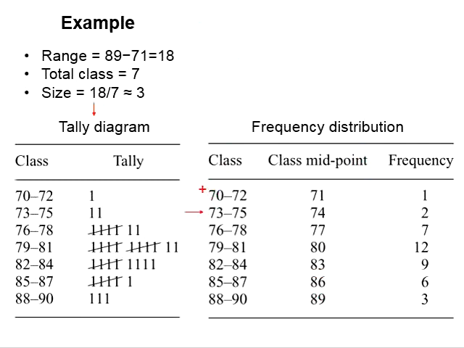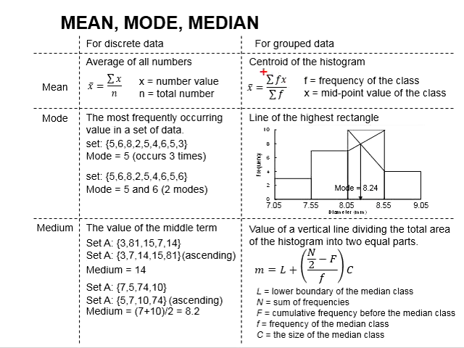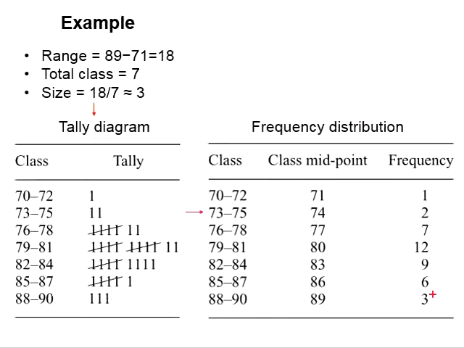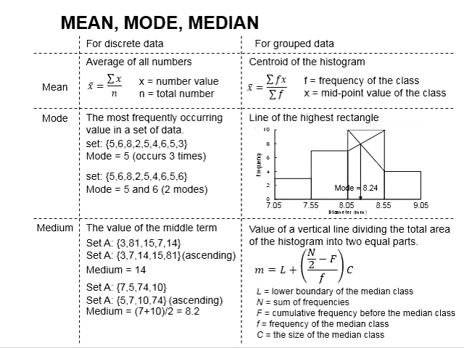It is determined by taking the average value of the class, and with the frequency given here, multiply the class midpoint with the frequency and sum up the multiplications for all the classes. The summation here is to be divided by the total frequency, which is the sum of the frequency column. Next, we look into the mode.